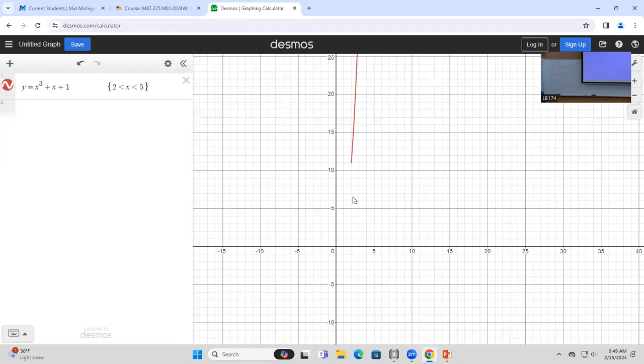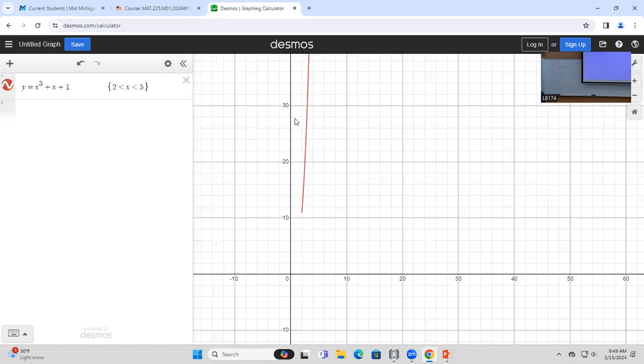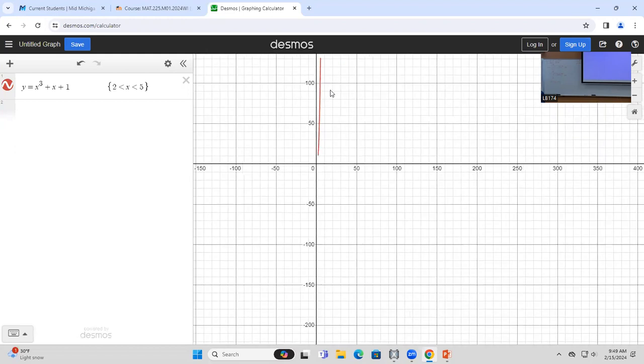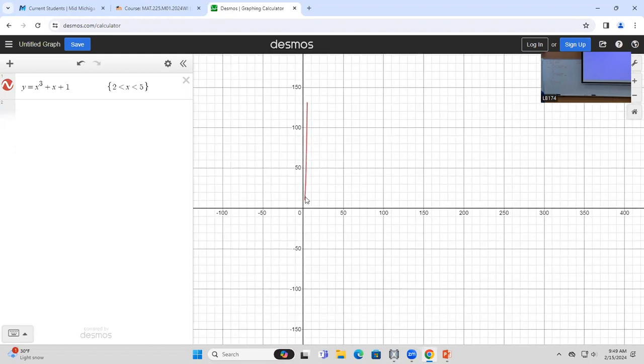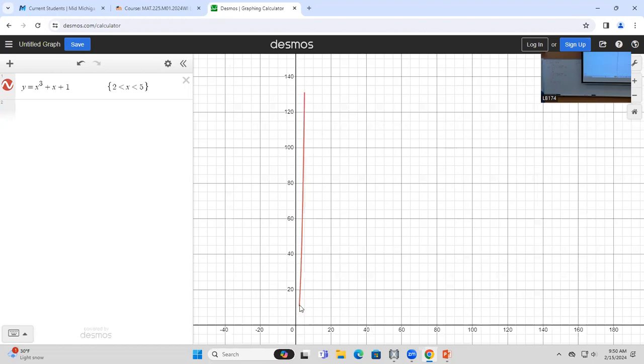So what we're talking about is the curve y equals x to the third plus x plus 1 from 2 to 5. And that gets huge real quick. But we're talking about the length of this thing. Oh, I'm sorry. I thought that was on. Sorry. My bad. So the length of this curve from here to here.